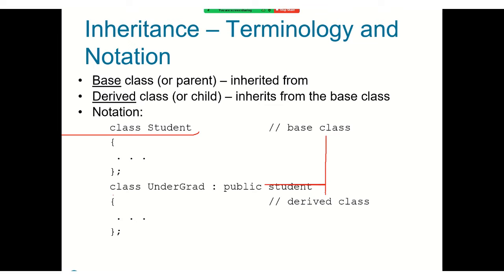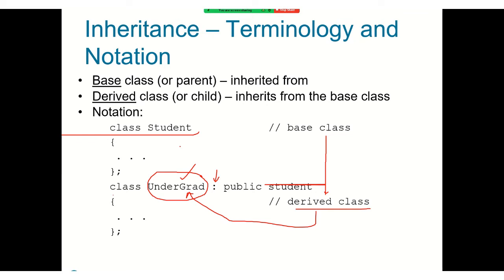If you derive a class out of a base class, then you write undergrad, let us say. This is the derived class; here the derived class is undergrad. Then you put a colon. This is the syntax of C++. If you don't do that, you cannot define an inheritance. So you put a colon and then you write public student.